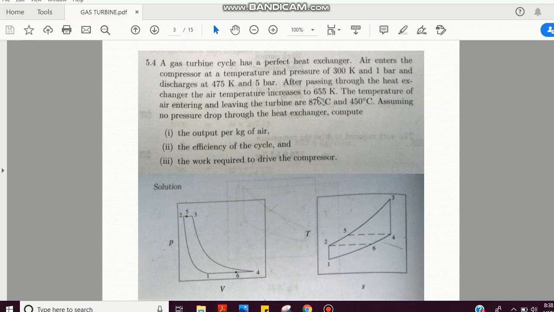The temperature of air entering and leaving the turbine is 870 degrees Celsius and 450 degrees Celsius. Assuming no pressure drop through the heat exchanger, compute the output per kg of air, efficiency and work required to drive the compressor.